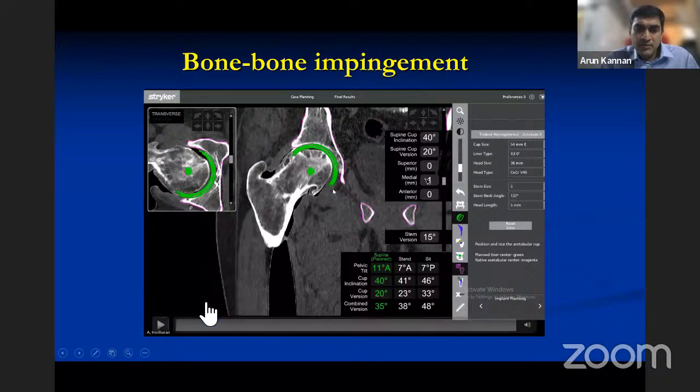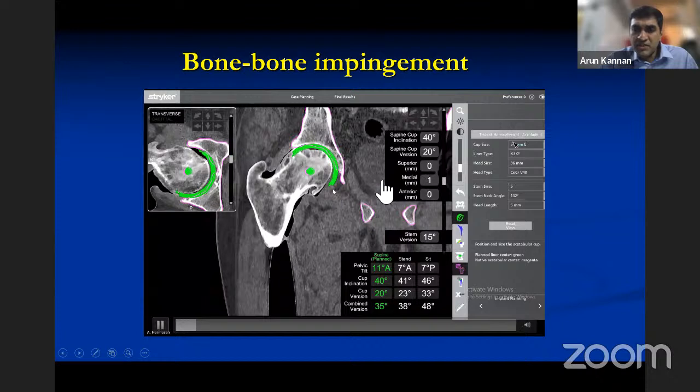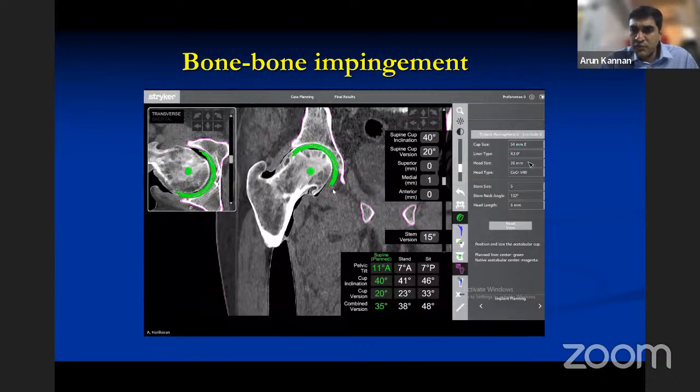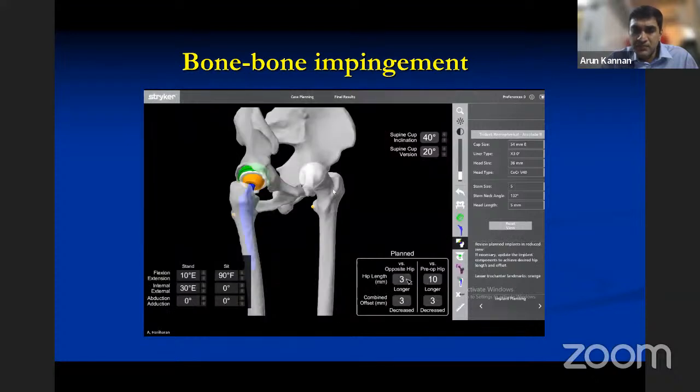Another patient, so here total hip has been planned for an AVN with secondary osteoarthritis. Initially the cup has been planned for 40-degree abduction, 20-degree version, 54 cup with a 36 head. And here you can initially plan with the 132-degree stem.